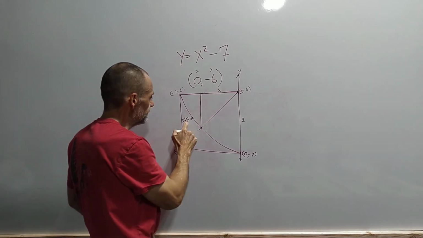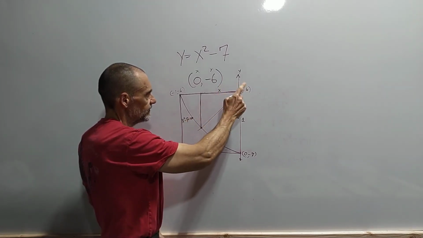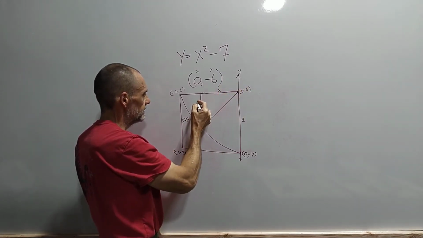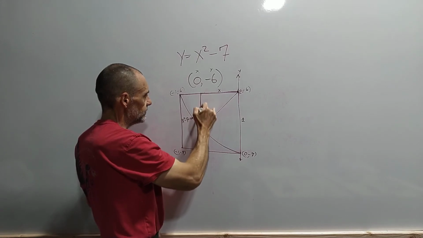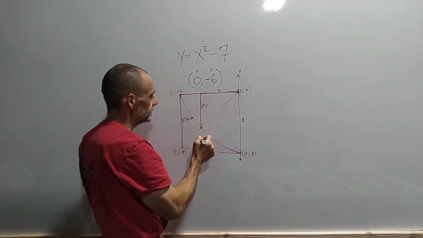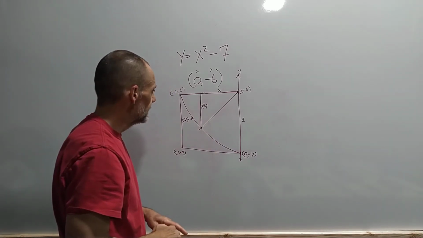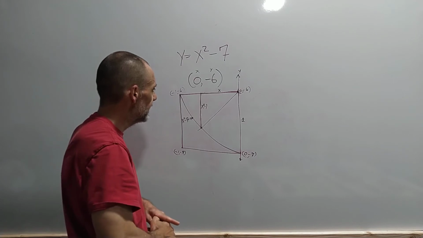But this is negative. If you subtract that, it'd be like adding, right? So I think this distance right here is going to be x squared minus 1. Verify that, okay? But that is going to be that distance.